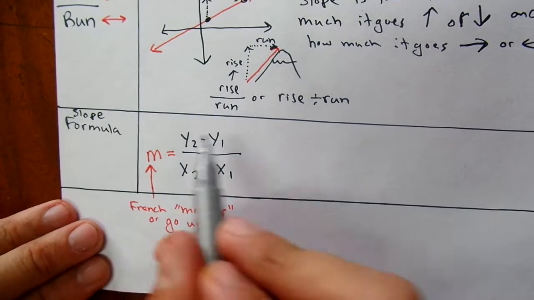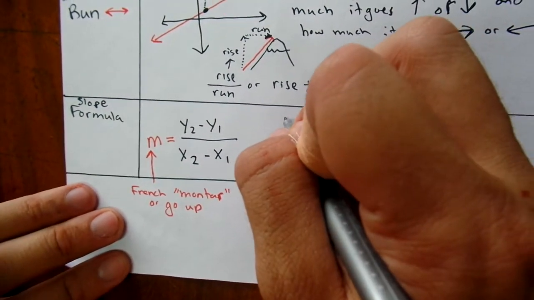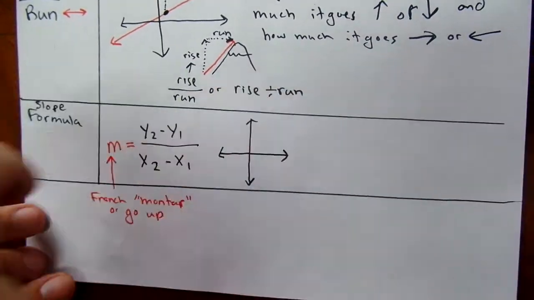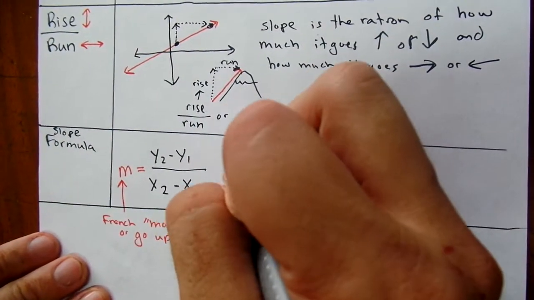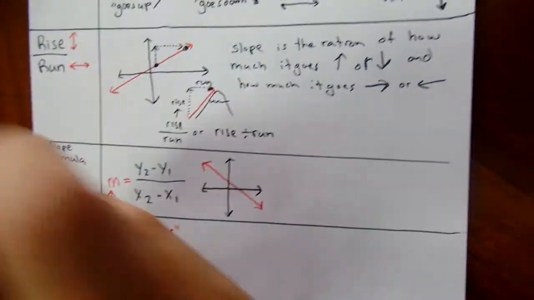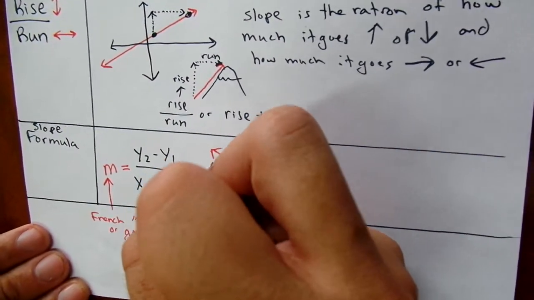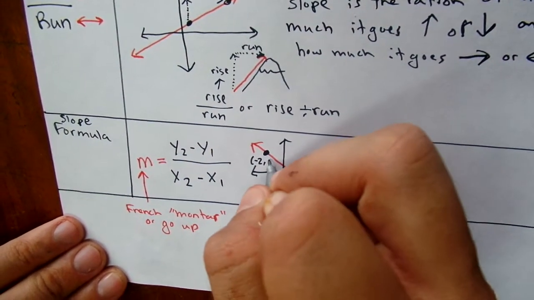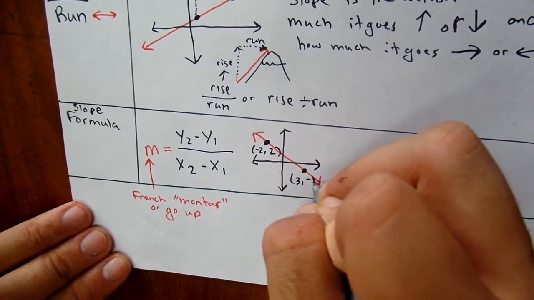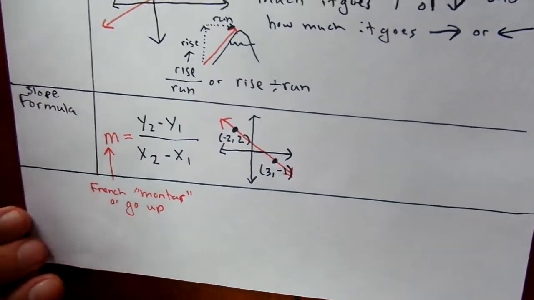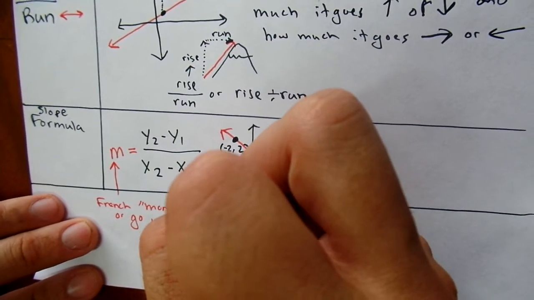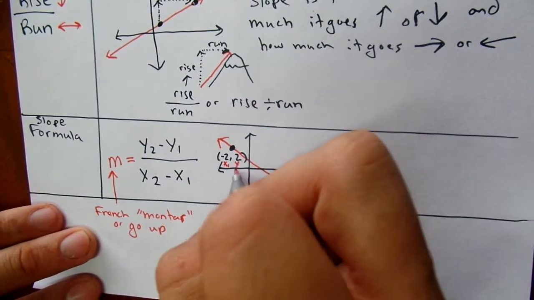Now, what are these numbers right here? Let's say, again, we have this random line. And let's do a negative slope for practice. So I'm just going to give guessing points here. Let's say that this is negative 2, 2, and this is 3, negative 1. Okay? So the idea is in your first point you have x1, y1.